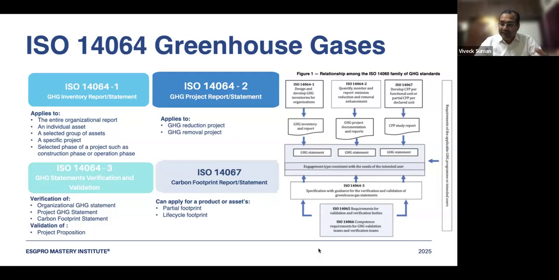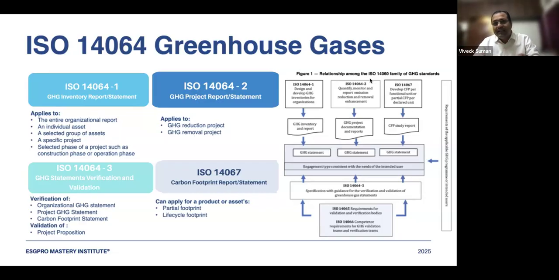Like in the GHG Protocol, always remember, whenever somebody says project reduction program, you have to be careful about the carbon removal program, which comes under the GHG Protocol's independent standard. But here we are talking about 14064-2. Clear? Project and organization. Organization means my whole organization, how much carbon I am emitting. Project means I am targeting how I can control my carbon emission.